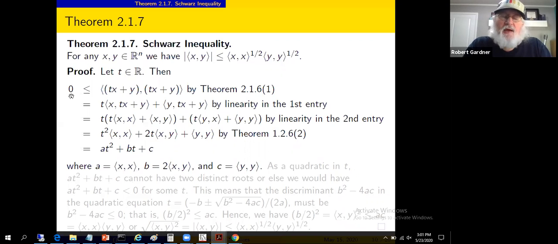So think about the graph. Opening upward, concave up parabola. Where does it sit in the xy plane? Can its vertex be above the x-axis? Yeah, if its vertex is above the x-axis and it's opening upward, then all these values are above the x-axis. All these values are strictly greater than 0. What if its vertex sits on the x-axis?